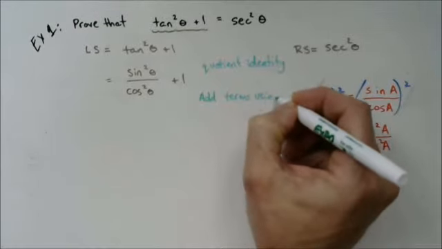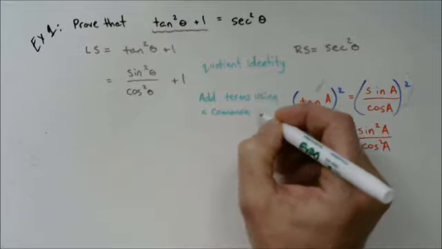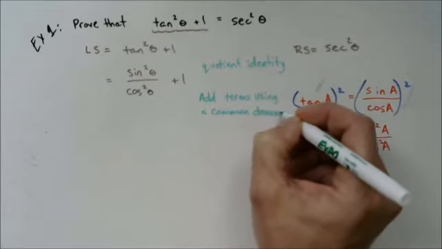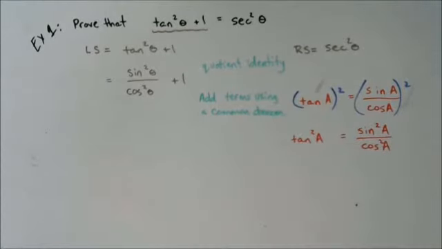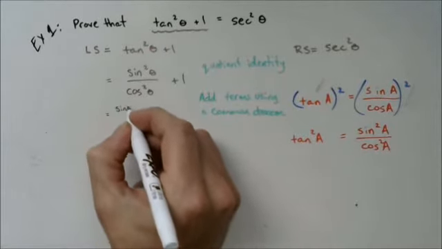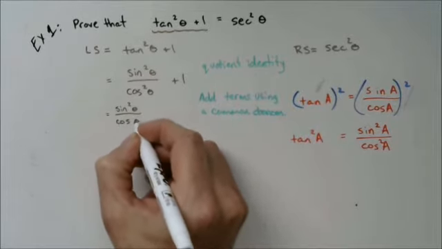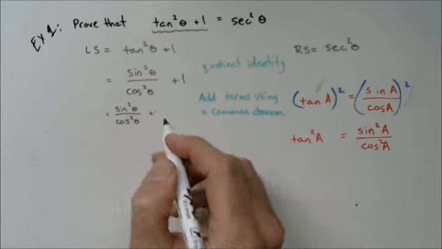I'm going to use a common denominator. Okay, so what I have to do here, I'm going to run myself out of room with that note, but I've got the sine squared over cosine squared plus 1.